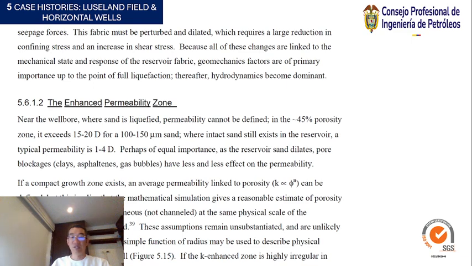These assumptions remain unsubstantiated and are unlikely to be true.